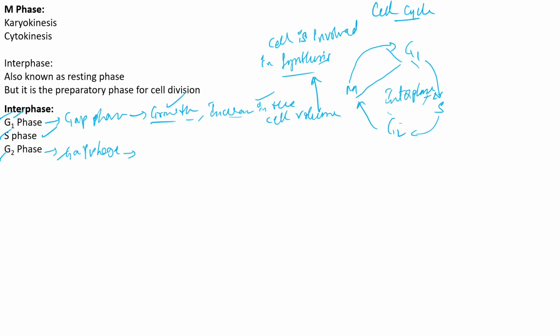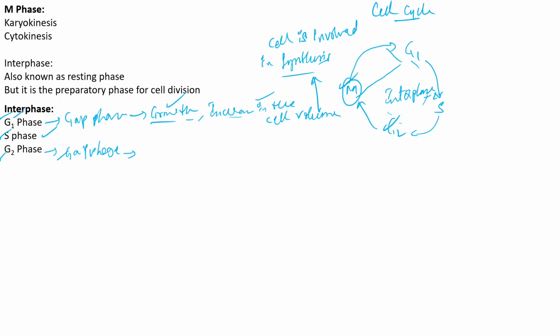For the events to occur in the S phase, all the biomolecules required are synthesized and kept ready in the G1 phase. Similarly, in the cyclic representation, after the G2 phase we have the M phase. It means that whatever biomolecules are required in the M phase are synthesized and kept ready in the G2 phase itself.